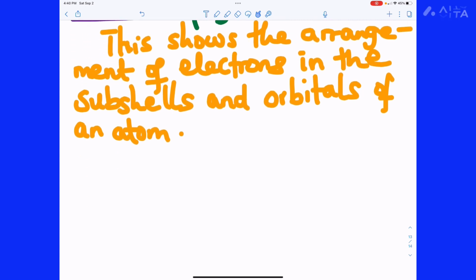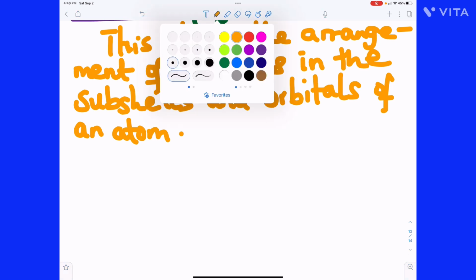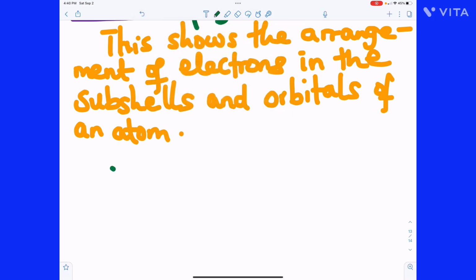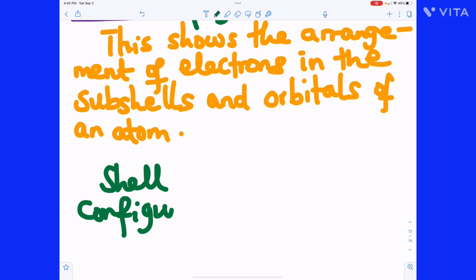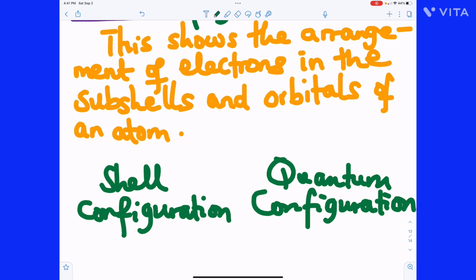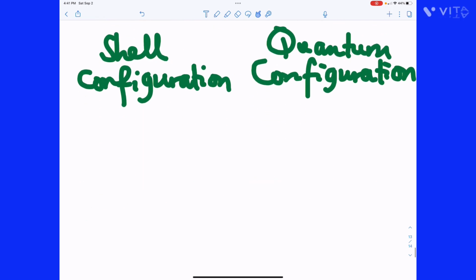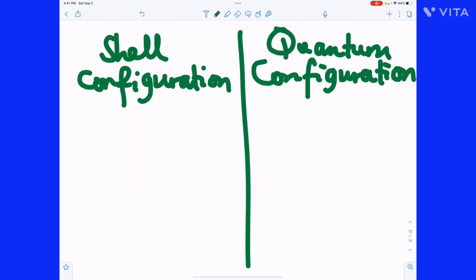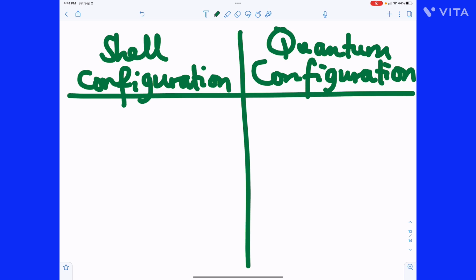Now, let me do a small table. Shell configuration, then quantum configuration, so that you can see the difference at a glance. Let's just write one or two differences.